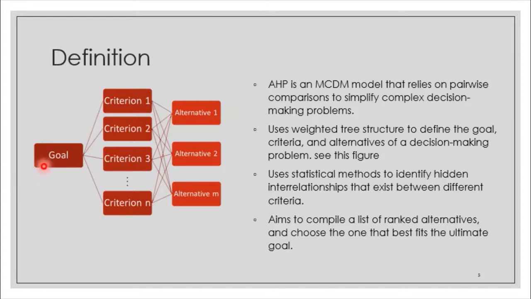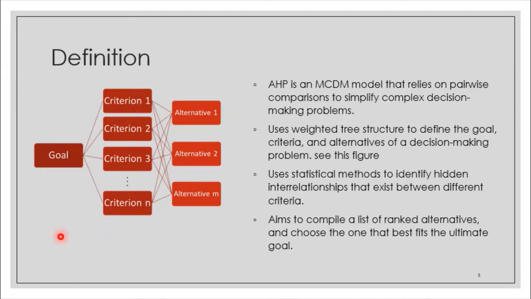What we do is place the goal of the decision-making problem at the root of this tree, and the different criteria and alternatives that we'll be carrying the study on will be placed at lower levels in this tree. What's special about the structure is that each branch has a weight, and this weight actually means something. It quantifies the impact of each criterion on the ultimate goal.